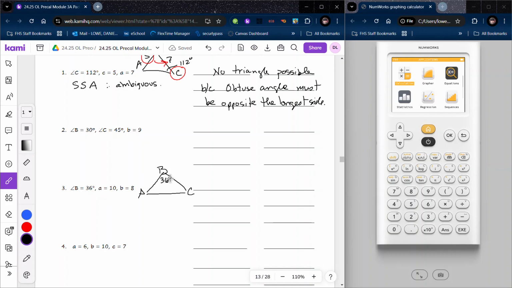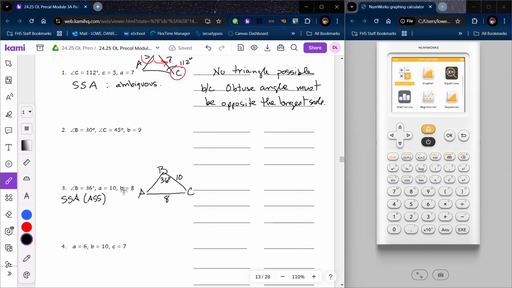So angle B is 36 degrees, the side opposite is 8, and opposite A is 10. We notice that there is a side, side, angle, and in that situation we could have ambiguity. So we could have what we call our ambiguous case.